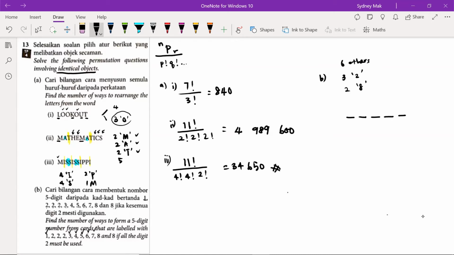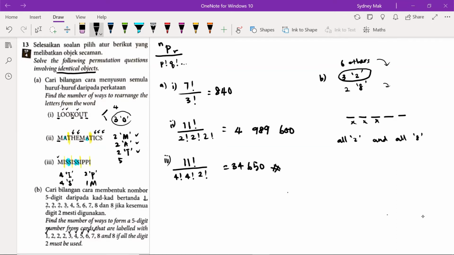The question also mentioned that all the digit 2s must be used. Since 2 must be used, 3 out of 5 empty slots are used up. We're left with 2 empty slots to fill in. Now, either we fill in the rest of the numbers, or we may fill in 2 eights. So in the first scenario, we have all 2s and all 8s.